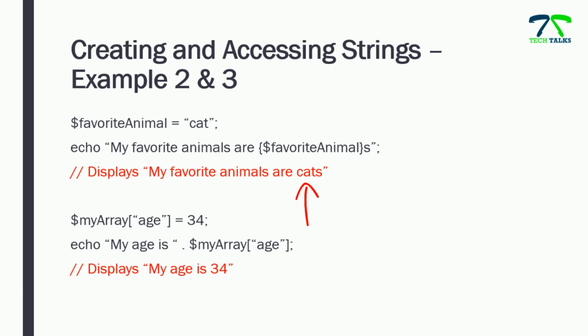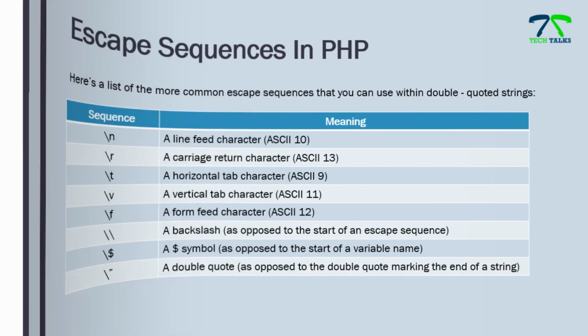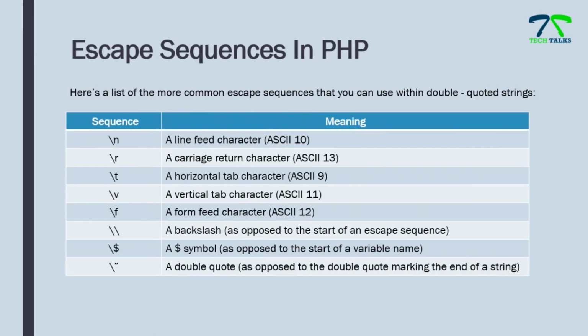And in another example, I have stored the value 34 in the array myArray with the index age, and it is displayed like this. These are the list of more common escape sequences that you can use with double quoted strings. These are all familiar to you.